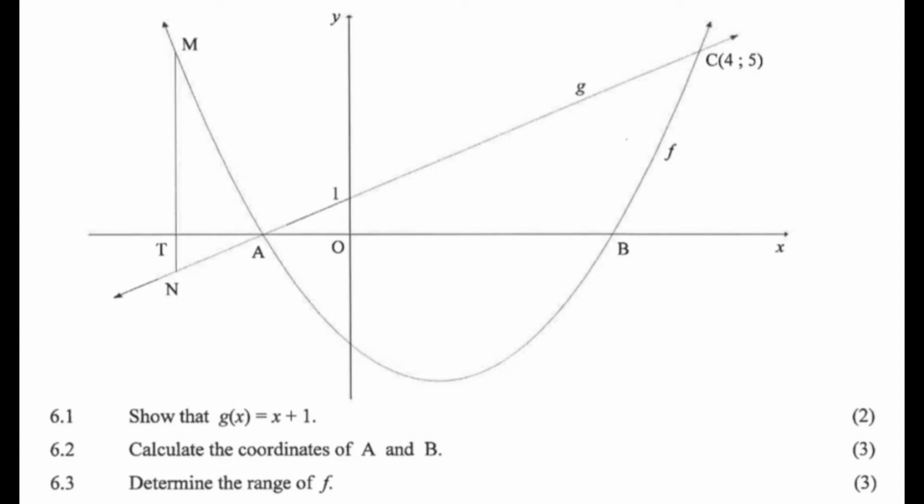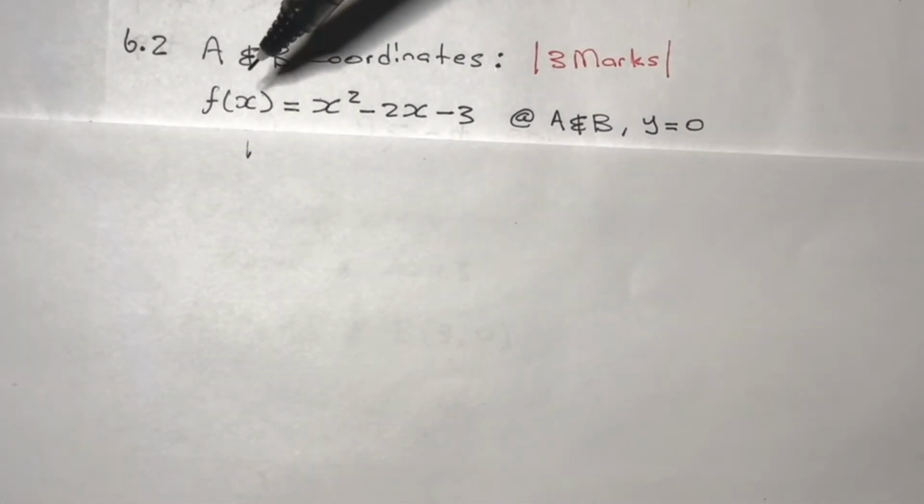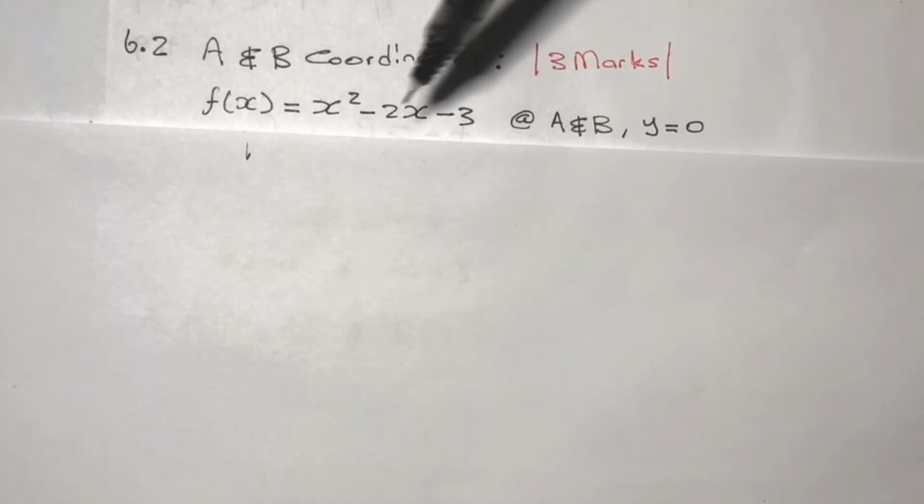The value that we don't know is the x value, which is what we need to calculate, and finally give the coordinates of A and B as the calculated x value and 0 as the coordinate of B, and also do the same for the coordinates of A. So the next step is to indicate that f of x is equal to x squared minus 2x minus 3, which is the formula for f.